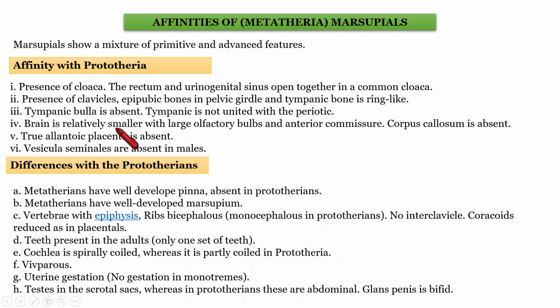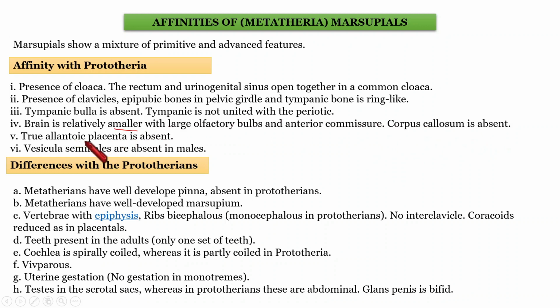Regarding the brain, it is relatively smaller in both prototheria and metatheria. Large olfactory bulbs are there, and also anterior commissures are there. All those things I have explained in detail in that video. Corpus callosum, we know, is a nerve band connecting the two hemispheres; that is also absent in both prototheria and metatheria.